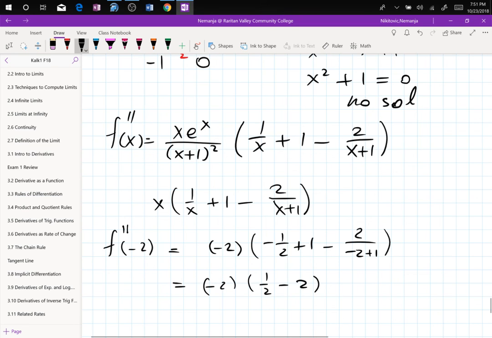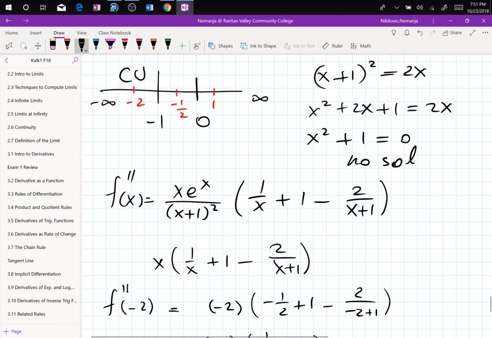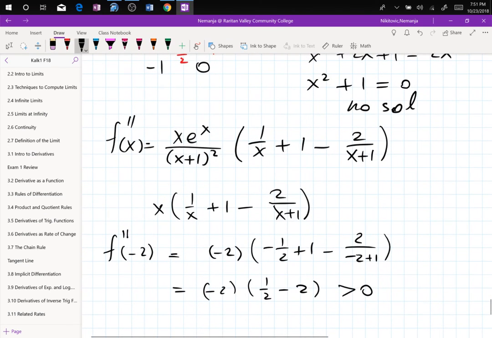Negative times negative is positive, so I'm done. Concave up. You see, I don't care about computing any of these things. I just see 1/2 minus 2, that's negative. I don't care what the value is. Negative times negative is positive. I'm done.